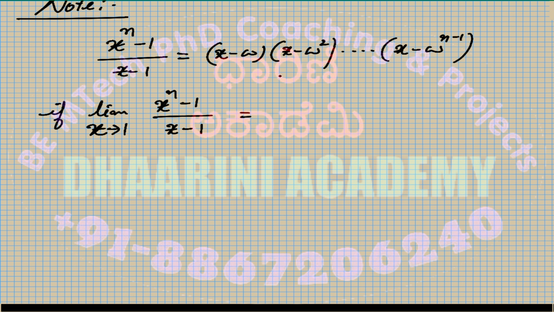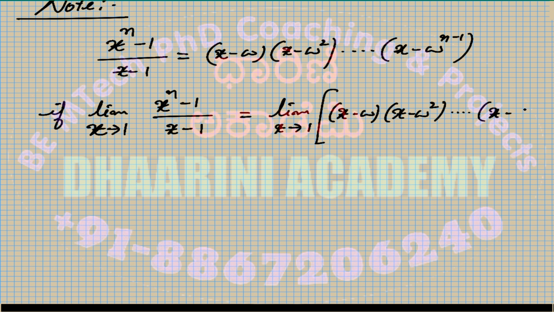This has to be equal to, you apply limit on both sides, so limit x tends to 1 of this whole function, that is x minus omega, x minus omega squared, up to x minus omega to the n minus 1. So this is a standard function in limits.